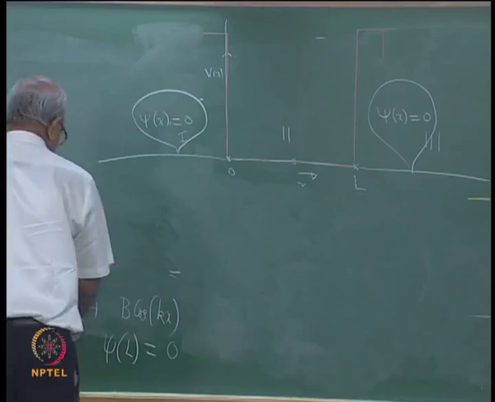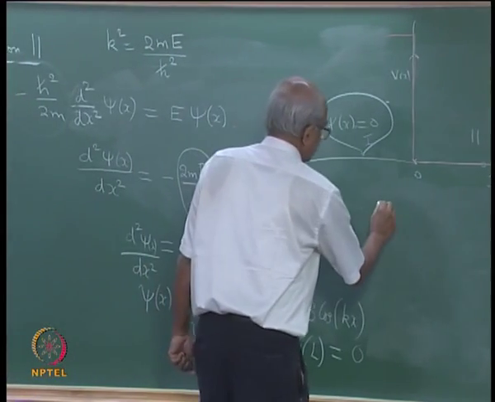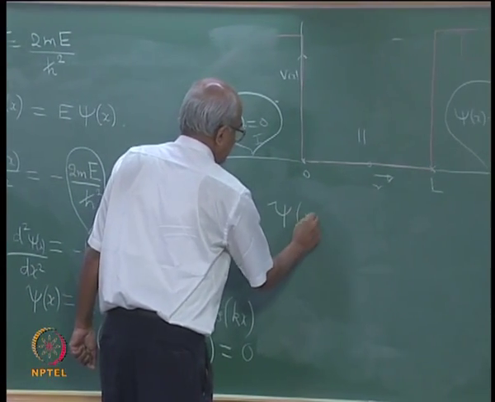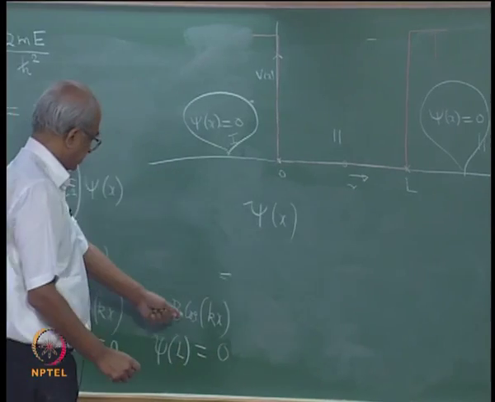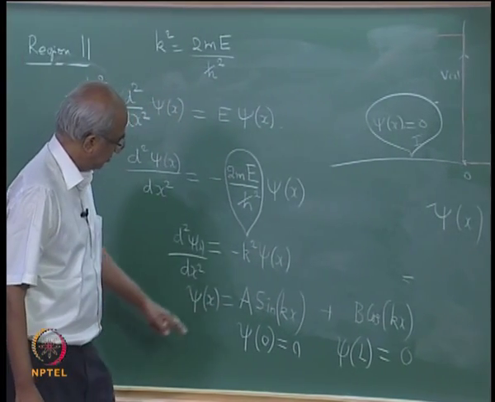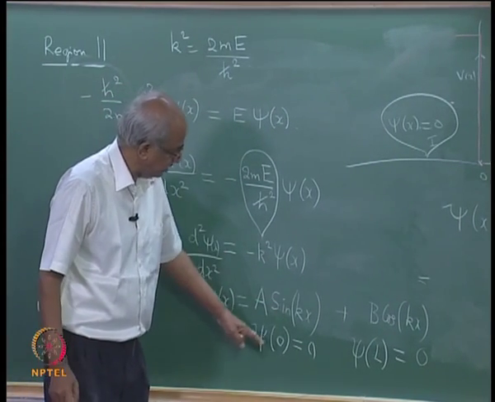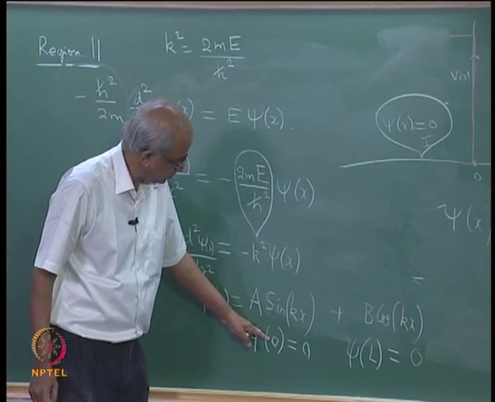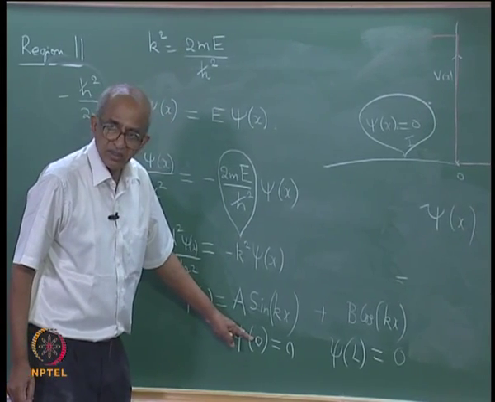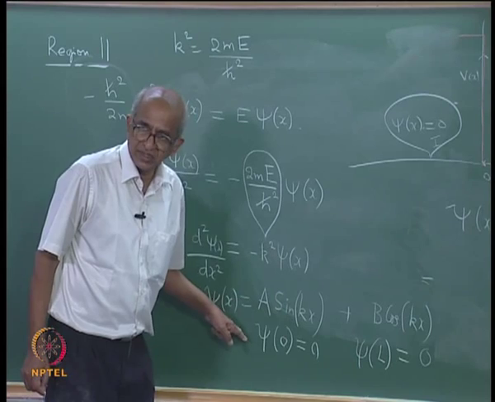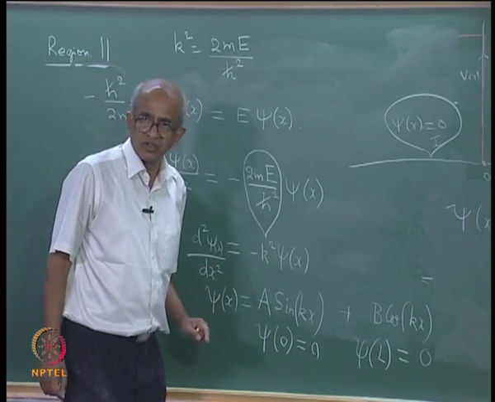So, your general function is this one, psi of x is equal to a sin kx plus b cos kx. What I am going to do is take that general form and put x is equal to 0, and satisfy this condition psi at x is equal to 0 is equal to 0.